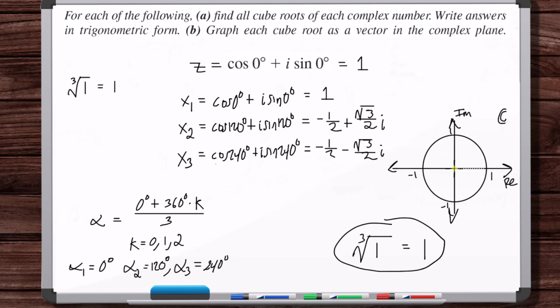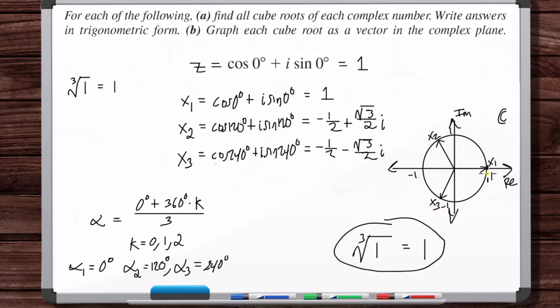Okay, let's plot these. There's x1, and then the next one's going to be at 120 degrees. So that's about 30 degrees past the vertical. Next one's at 240. That's 30 degrees in front of the negative vertical. Okay, so there is x1, x2, and x3.